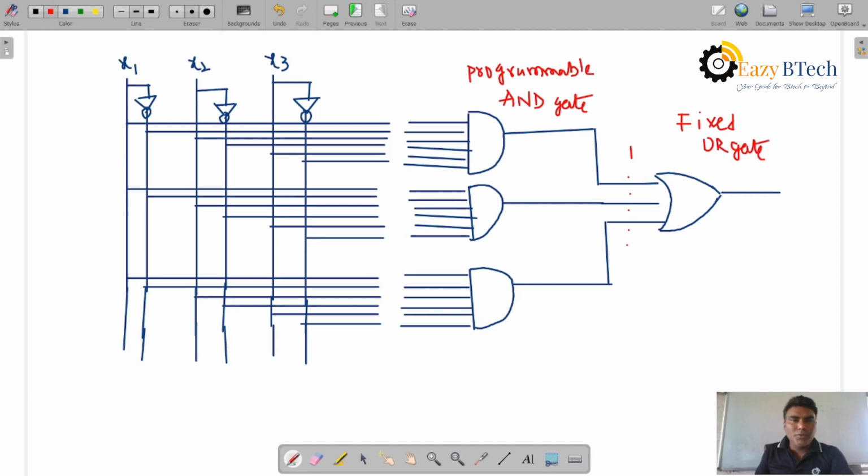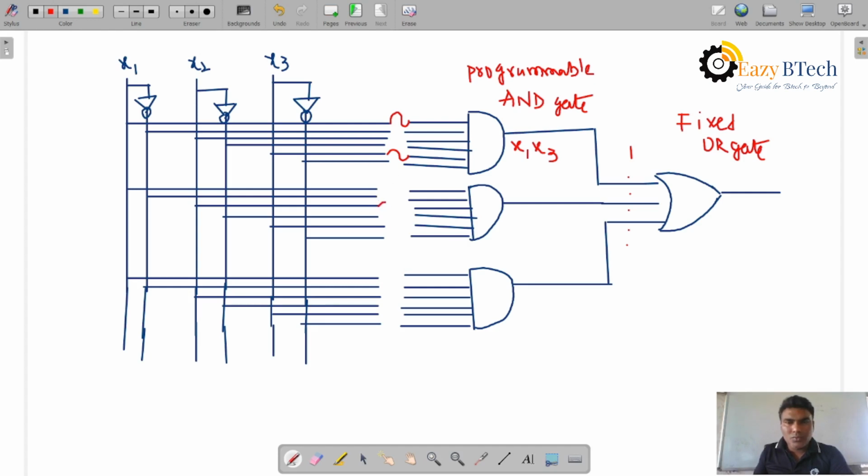So let us take the fuse connections. The product term is, let us take this, x1 and x3. What is the product term here? x1 and x3. Now let us take the second one.